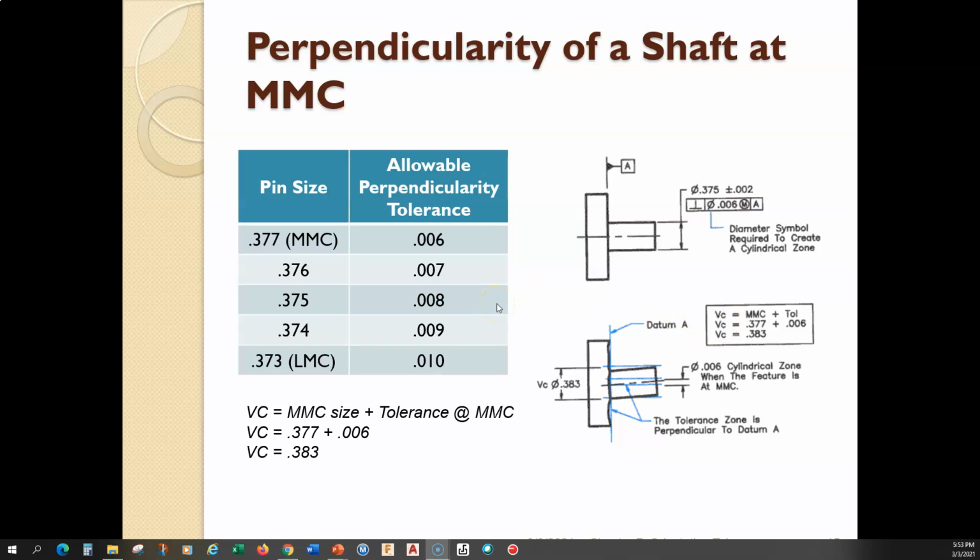All right, so let's do some calculations now. This is going to be a continuation. I think we did these calculations back in chapter 5 when we were looking at straightness of an axis. We might have done them also in chapter 6. But now we're going to be calculating the allowable perpendicularity tolerance and also the virtual condition. So these equations, again, are very important.